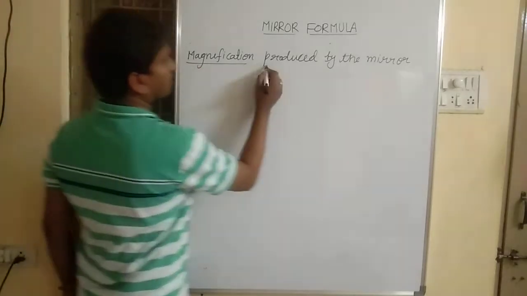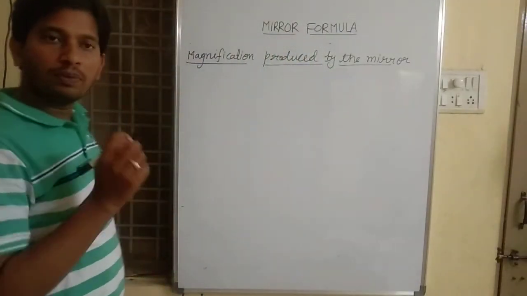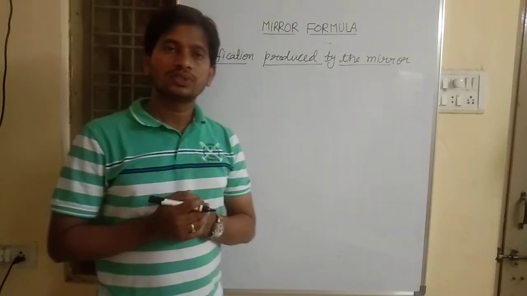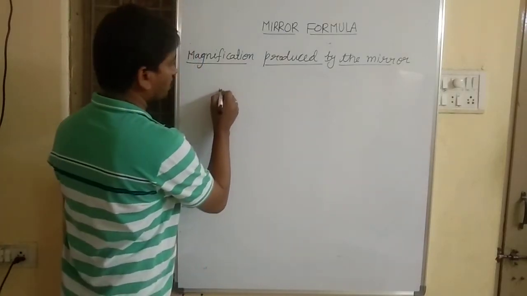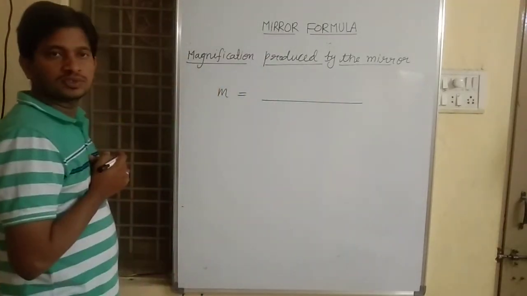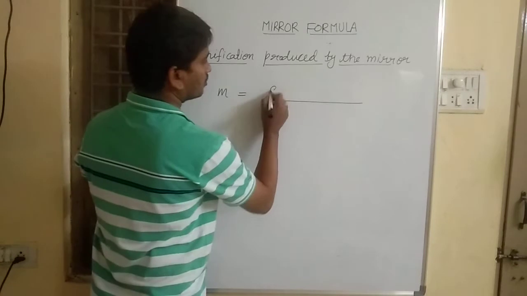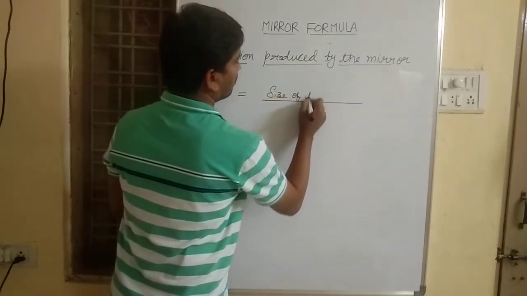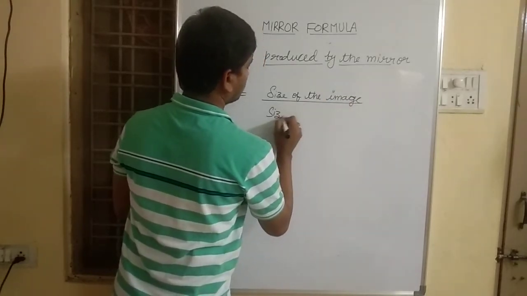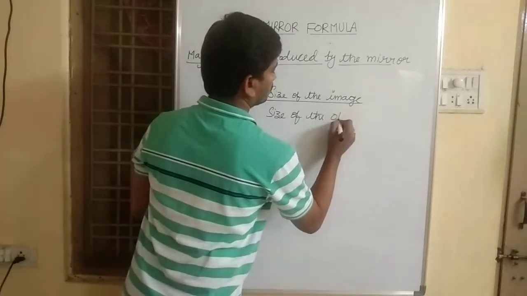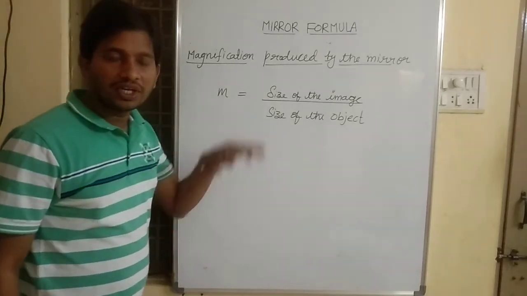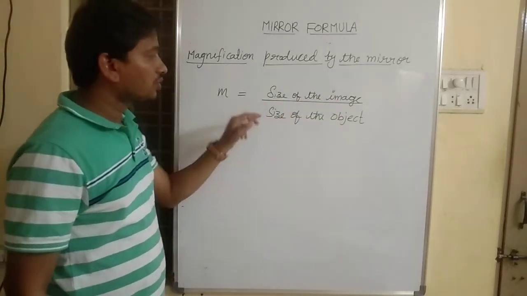Magnification, which is going to be represented with the letter M, is nothing but the ratio of the size of the image to the size of the object. What do you mean by magnification? Magnification is the ratio of size of the image to the size of the object.